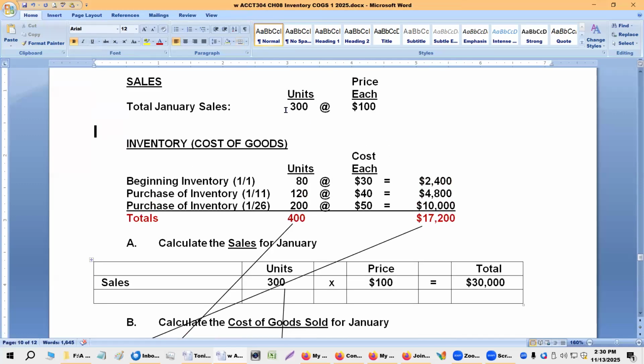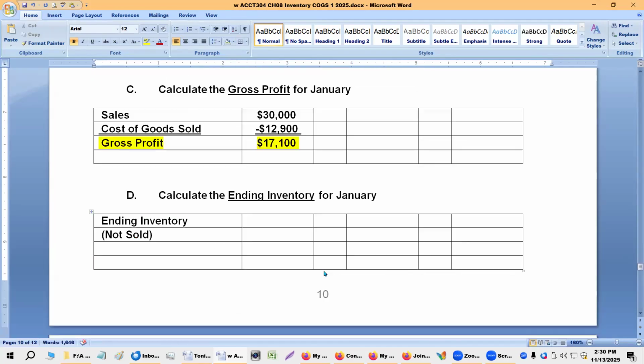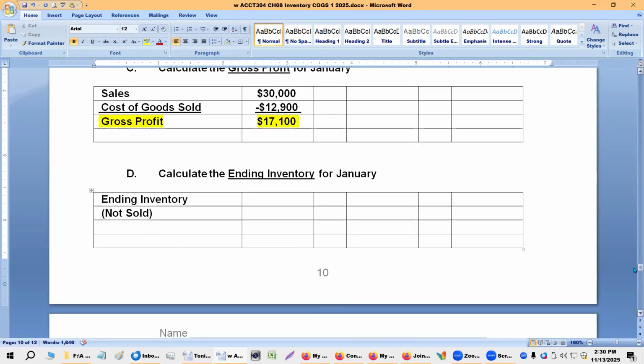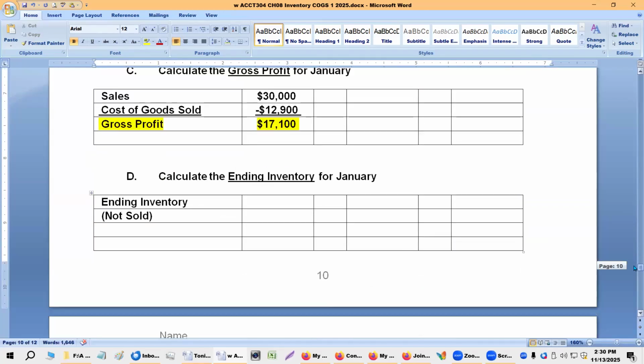Yep. Yeah, we had a total of 400. This is what would be, you probably put this in, this would be available. 400 units. We sold 300, so yeah, there's still be 100. Okay, so those are the units available.